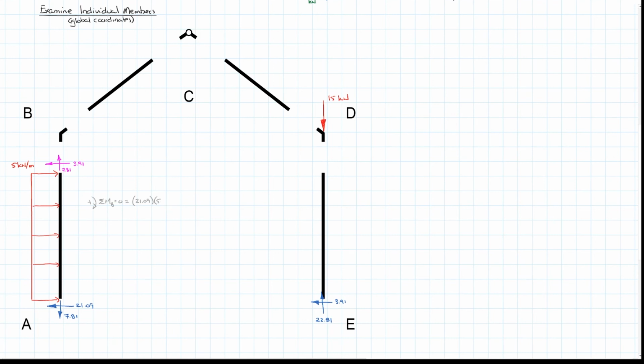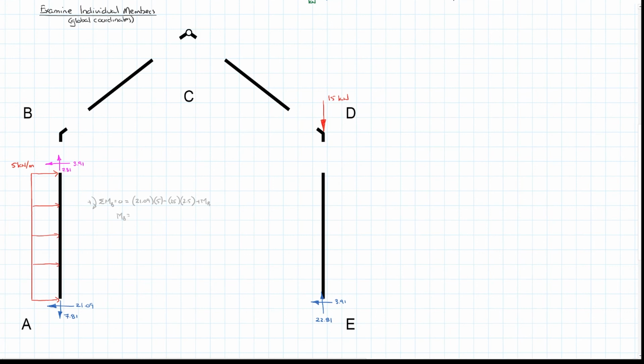I'm going to run out of space, so I'm going to leave the units out of there. And we know that the 5 kilonewtons per meter over 5 meters is 25 kilonewtons, and it's going counterclockwise, so the negative sign multiplied by its distance to the centroid of 2.5 meters, and to all of that we would have to add the moment at B.